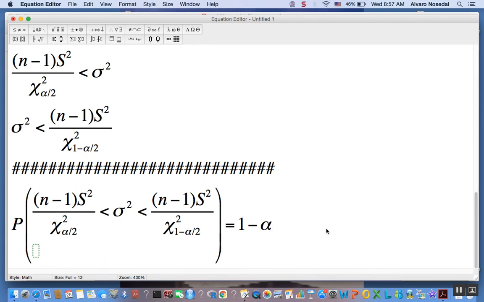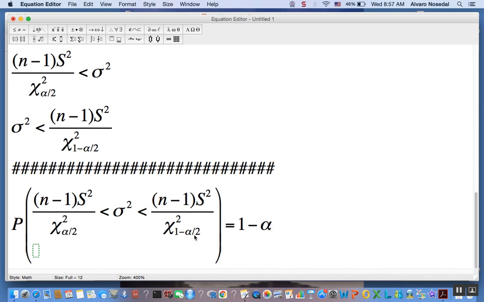So now I want you to see that what you have here, these guys here, form a 1 minus alpha confidence interval for sigma squared, right? We can find s squared from the information contained in our sample. This is the sample size.